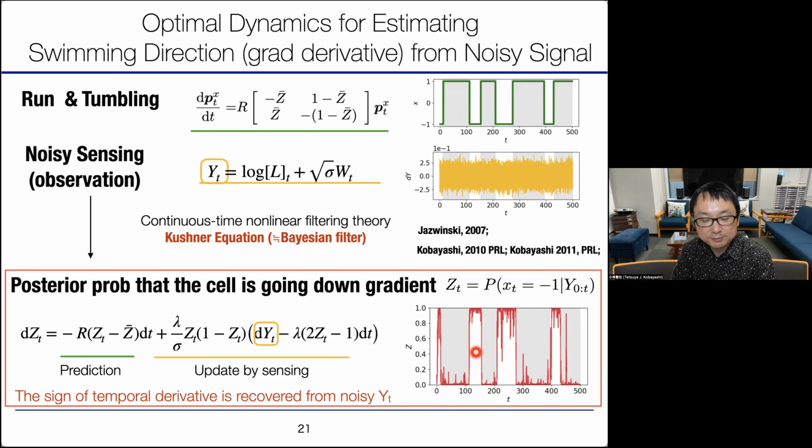And in the white region, it becomes close to 1, and then again something like this. So this means that we can recover the information of X only from this noisy signal Y. This is the optimal way to filter the sensory noise.